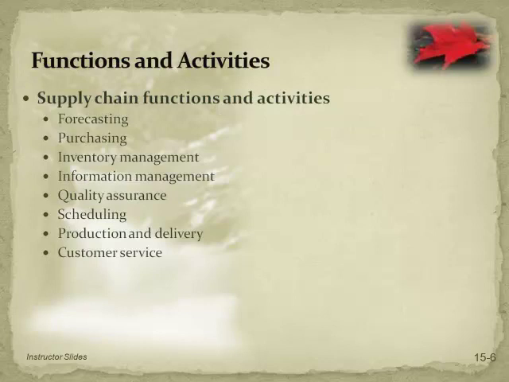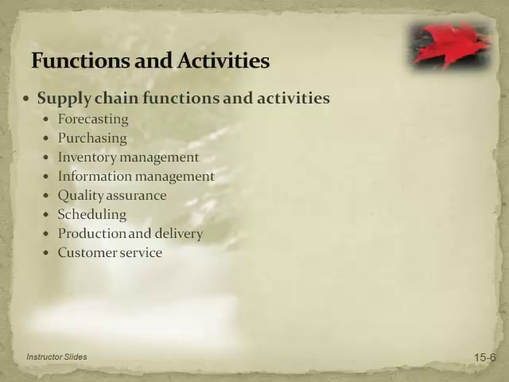So the supply chain functions and activities that take place are shown on this slide, and you'll see some things that we've already covered, and you'll see some things that we will be covering later. So there's a good deal of overlap between supply chain management and operations management. So forecasting has to be done by all the parties in the supply chain.